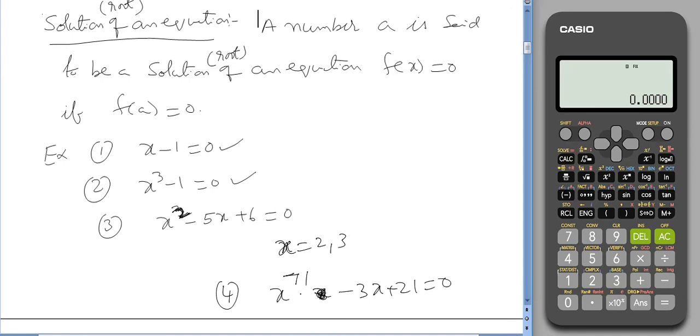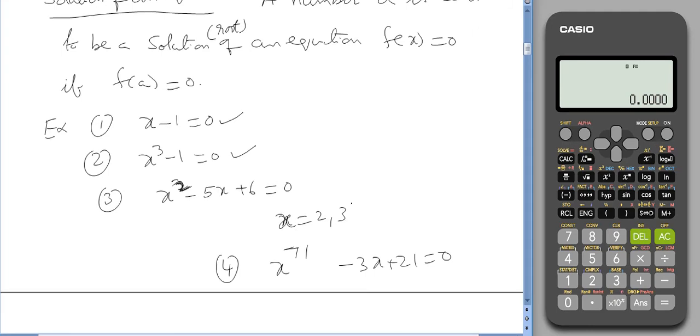Then how to find the roots of this equation? This equation has totally 21 roots. So tell me at least one of the roots. It is very difficult to find directly. So we will use some numerical methods for finding the solutions of such equations. We will discuss later.